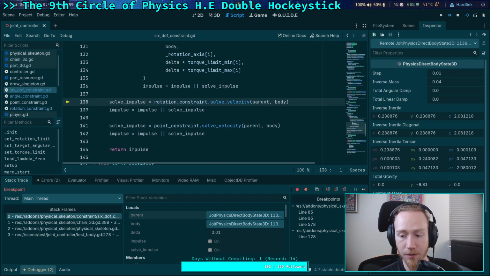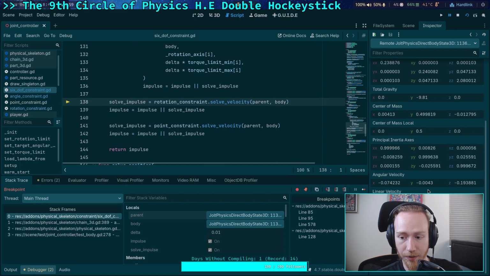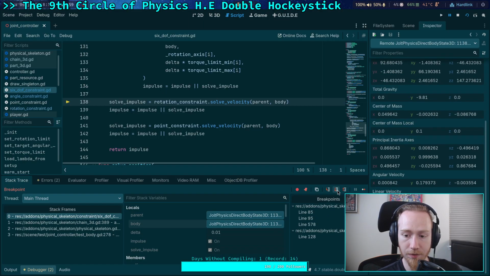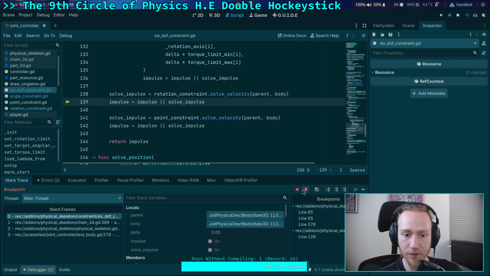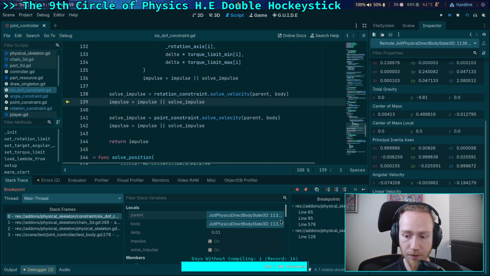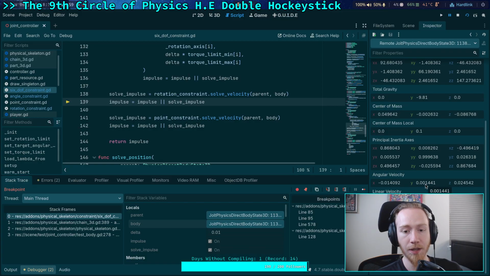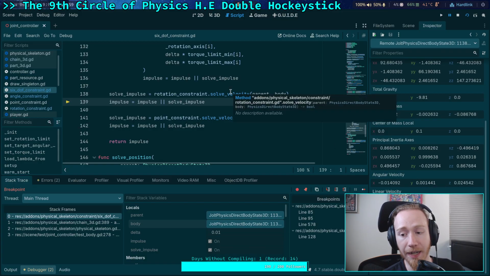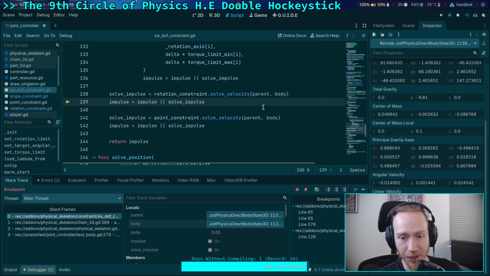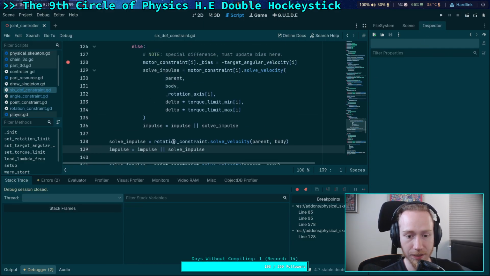Is it these? Do these destroy it? Okay. That just obliterated everything. Rotation constraint just nuked it. It just got rid of all the velocity. So that's not right.